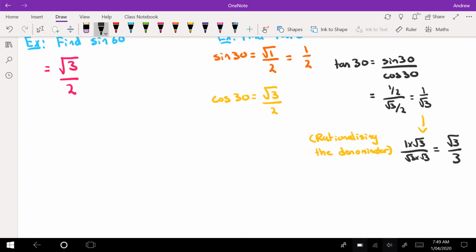Now, the only thing that's going to trick us up in these types of exact value problems is finding out the angle of reference that we're working with.